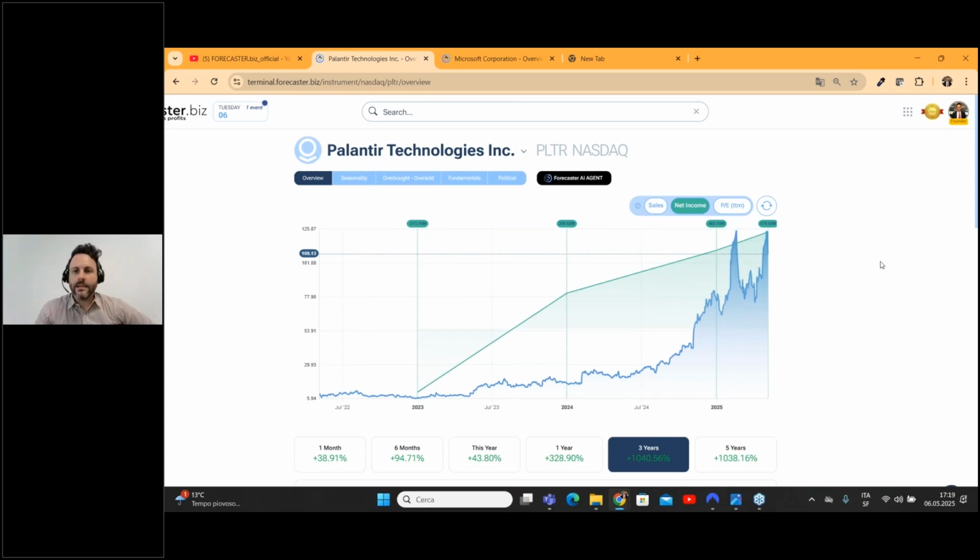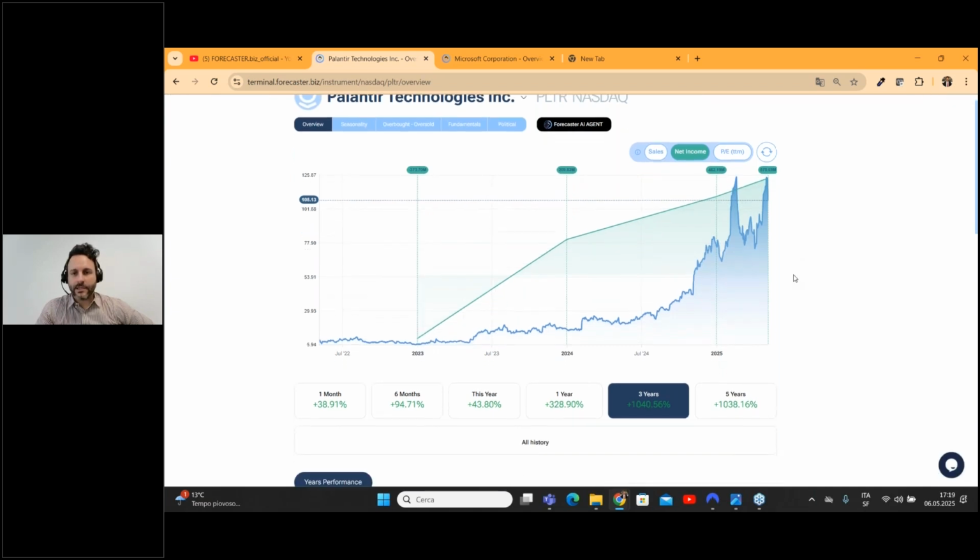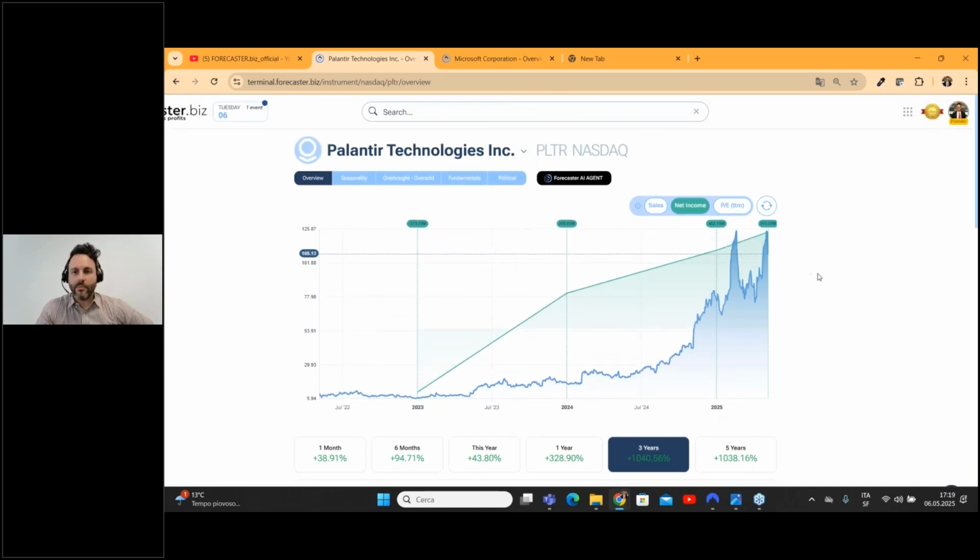Today they released the earnings, and even if the earnings are really nice, the company is dropping on the stock market. But in this case, many times during the last months the company went down a lot, and every time the company went very far from the net income line, it was such a great opportunity.